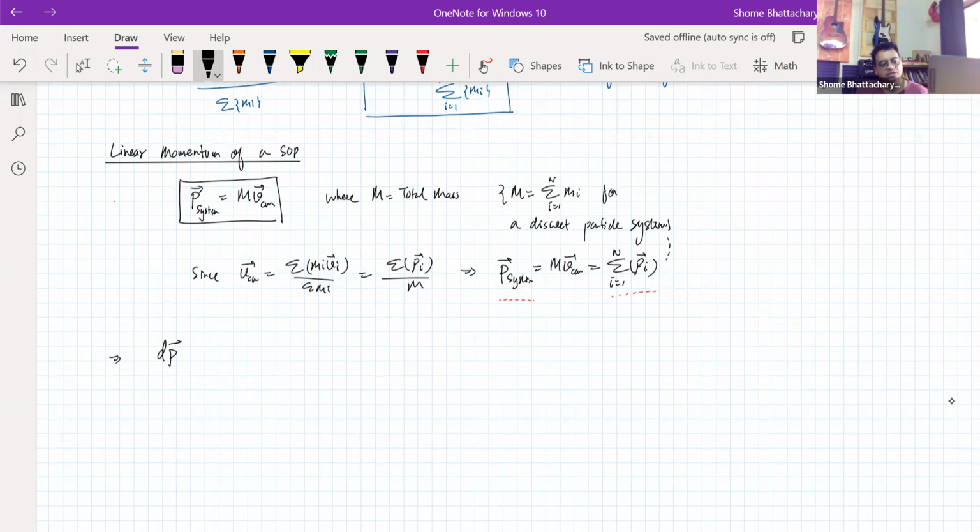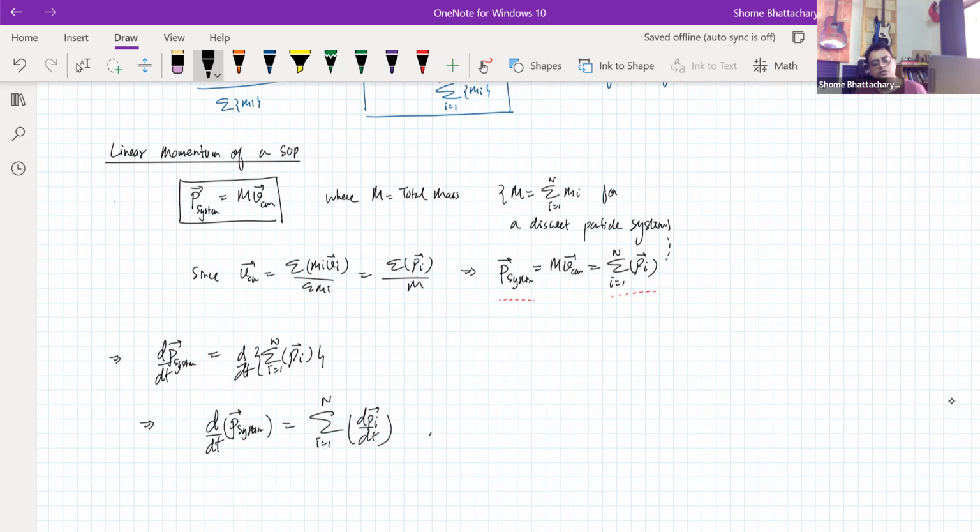the rate of change of linear momentum of the system, from the last definition that I've written, is the rate of change of summation of pi for the n particles. So the rate of change of momentum of the system is equal to the summation of the rate of change of all the particles.